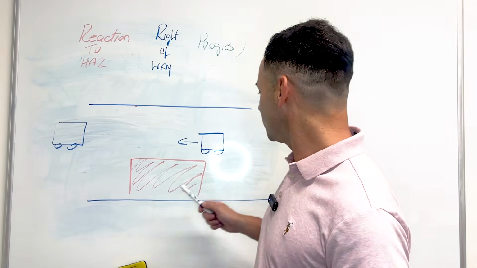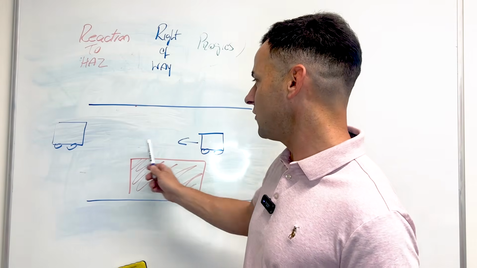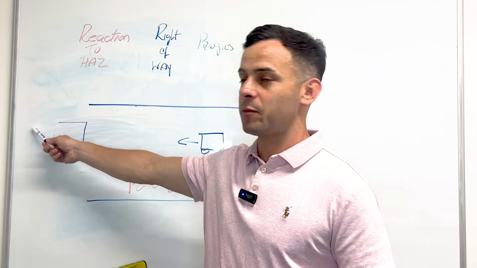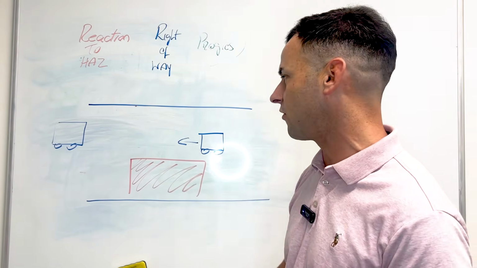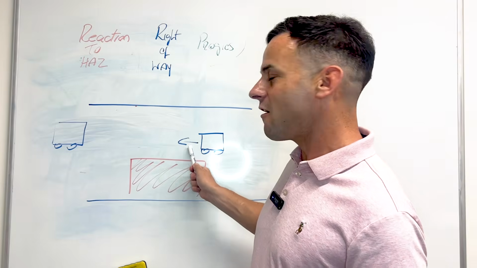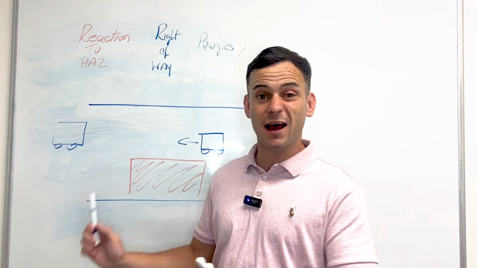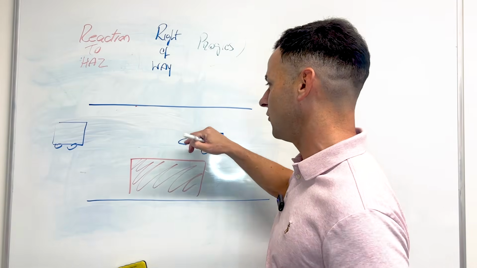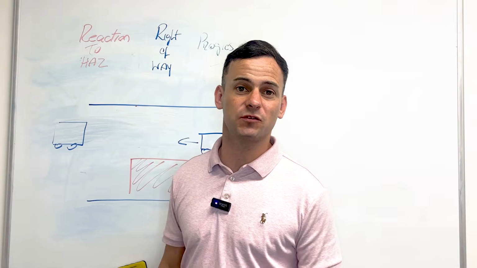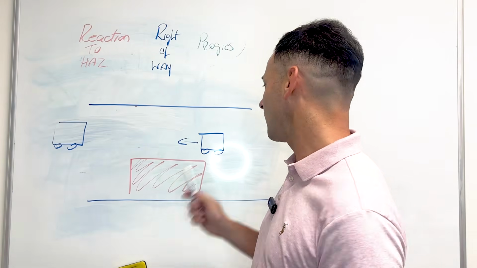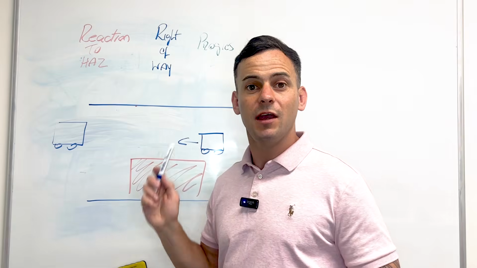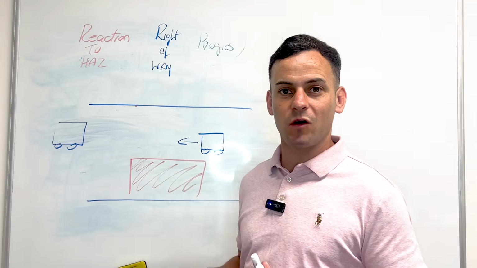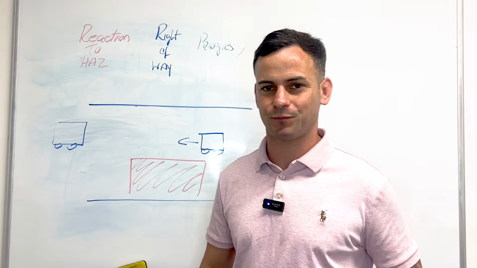Imagine we've overtaken the hazards, we're driving down, and now a car appears that wasn't there when we first decided to move out into the middle of the road. Because we're already in the middle, generally we have right of way. This car is supposed to see that, slow down and let us get off the middle of the road, and then they continue. It would be the same if it was the other way around.